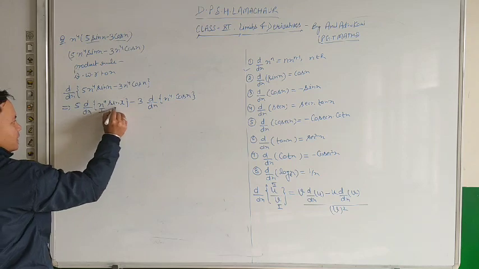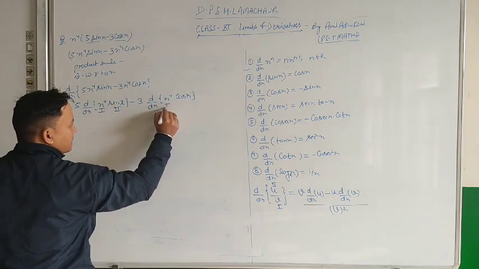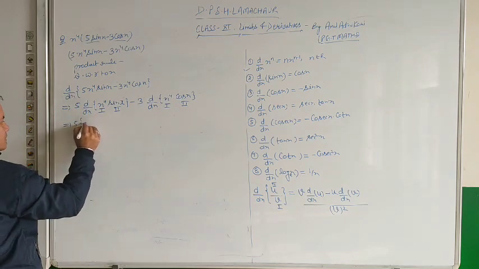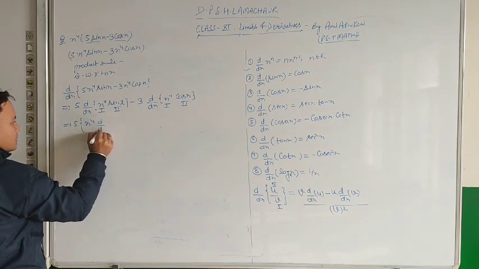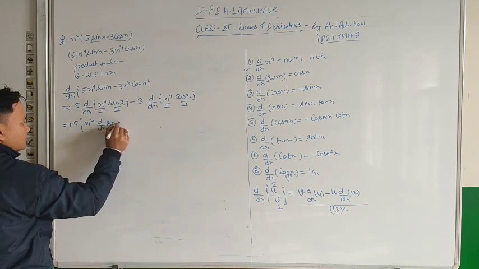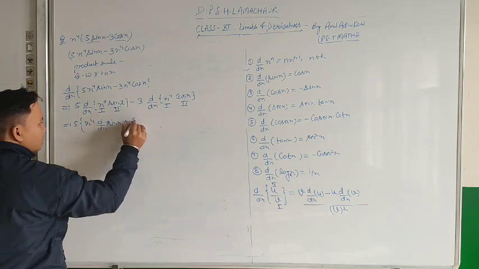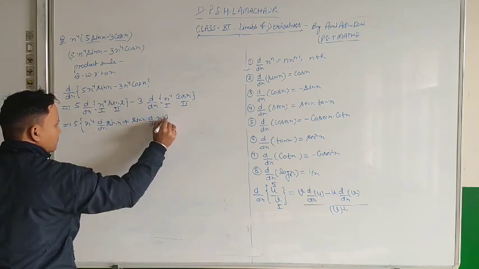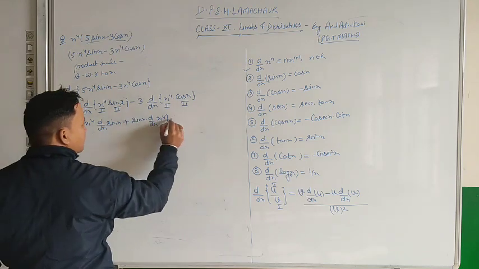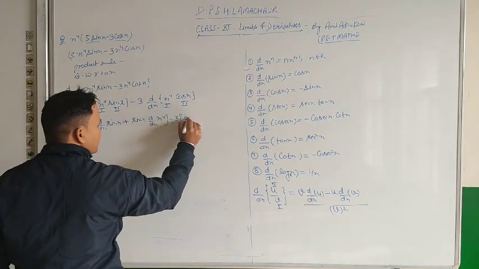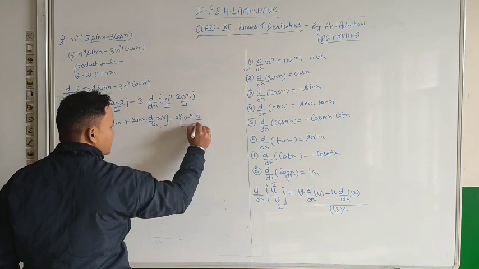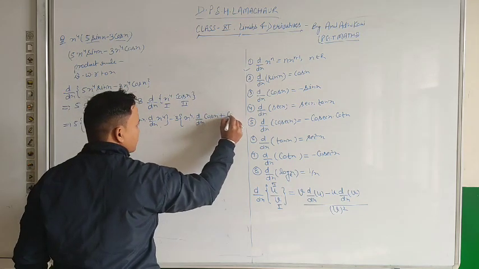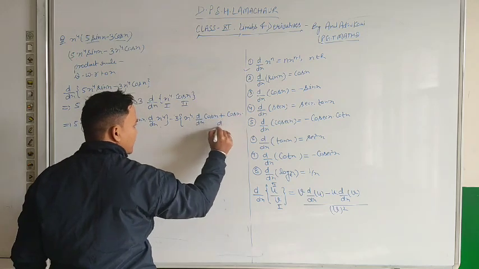So, 5 times first function, derivative of second, sin x, plus second function, derivative of first. Similarly, minus 3 times first function, which is x to the power 4, derivative of second, plus second function into derivative of first.